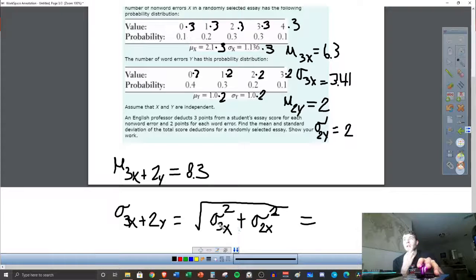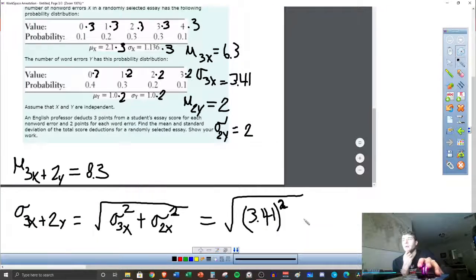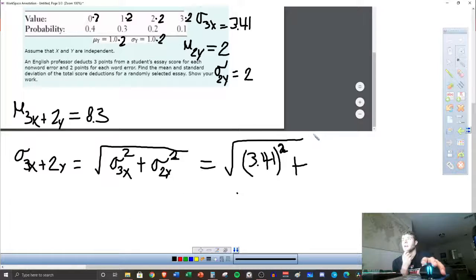So what is sigma of 3x? That's 3.41. So we'll write this in here. 3.41. We square that. Okay. We move over. Plus, we want sigma of 2 times, this is y. I put the wrong thing there. Y. Go down here. And we know that that's going to be this 2 here. So it's 2 squared.